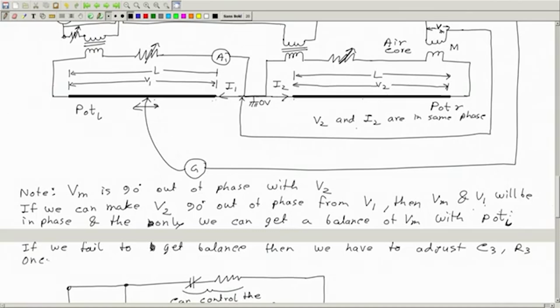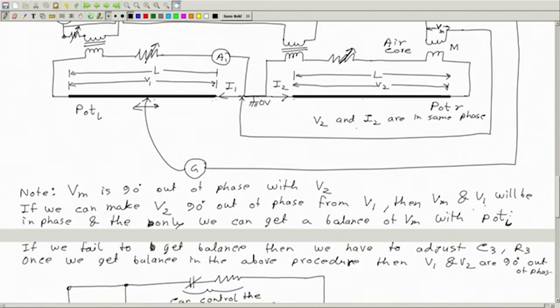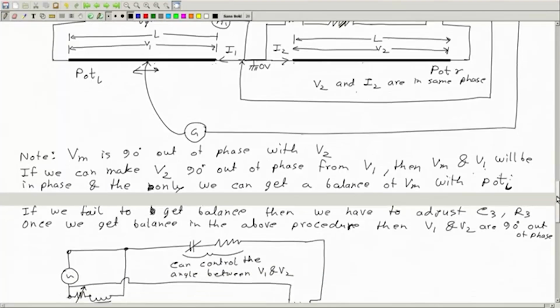Once we get balance in the above procedure, then V1 and V2 are 90 degree out of phase as desired. Okay.